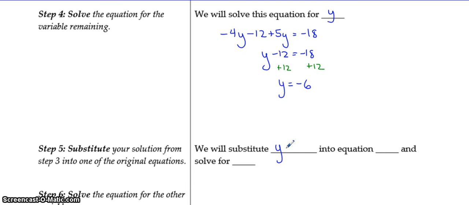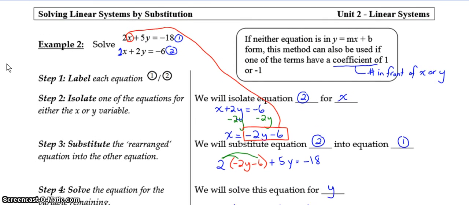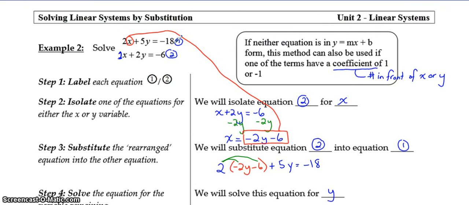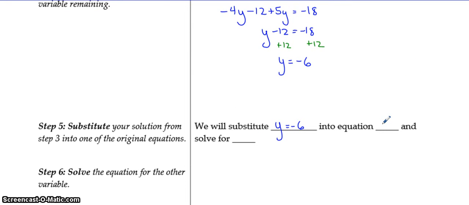Now substitute y equals negative 6 into any equation. You can do equation 1, you can do equation 2, or we can do this rearranged equation here, which you can call equation 3 if you want to. So we're going to take that, substitute it into equation 3 to solve for x. So equation 3 is x equals negative 2y minus 6. And we know that y is negative 6.